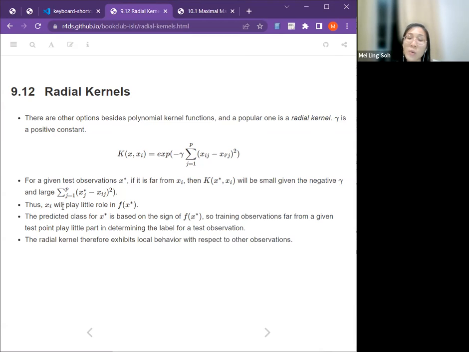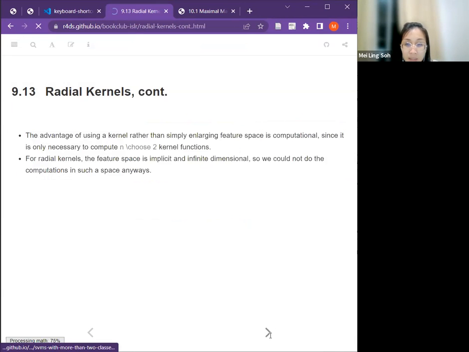So X will have very little role in the function. All this is just the formula, but the basic idea is that observations nearer to the new data always have more influence compared to far away observations. So it behaves like KNN.